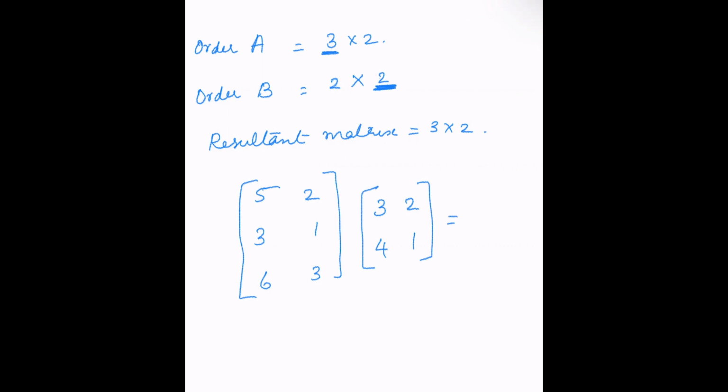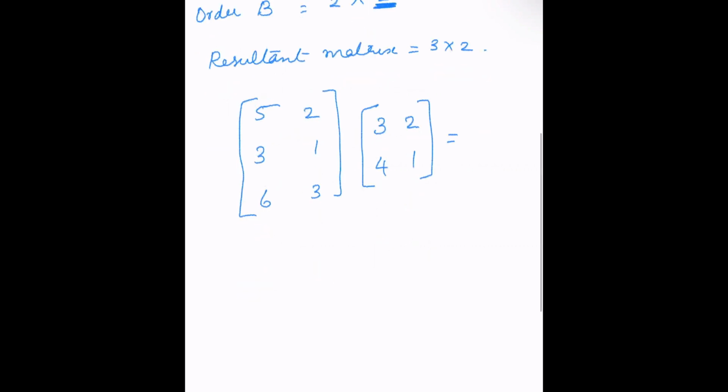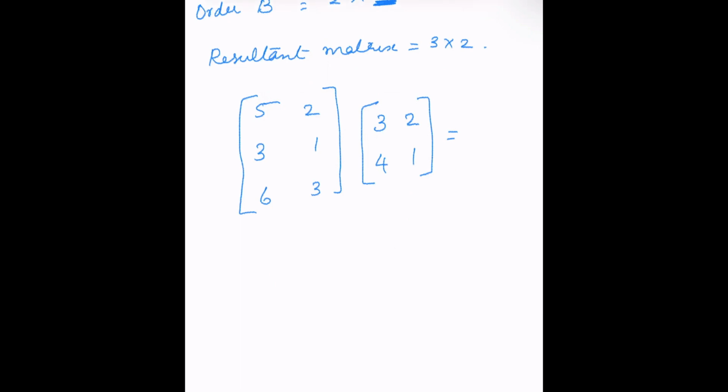Now I need to multiply, right? So when I multiply, what I need to do is, for this element, consider the first row and the first column. Just at the moment, consider the first row and first column.